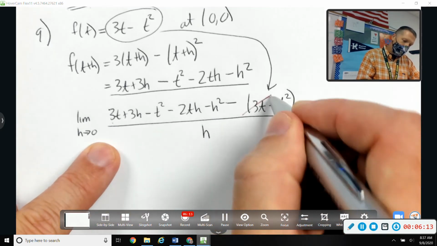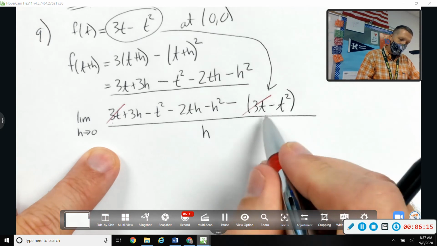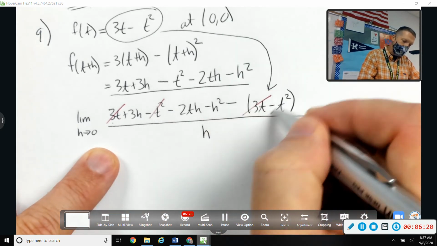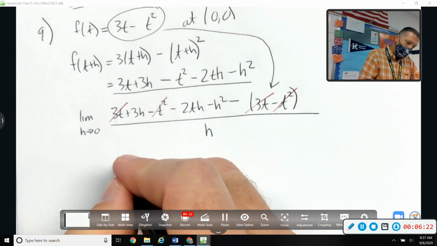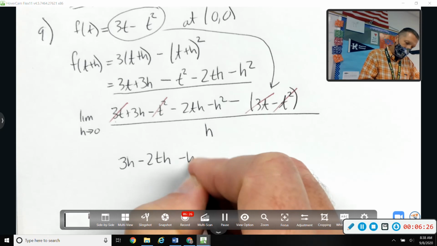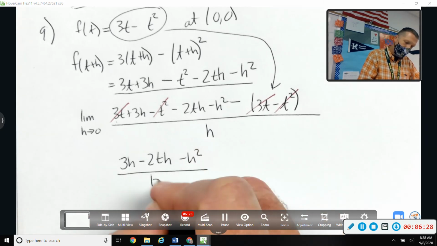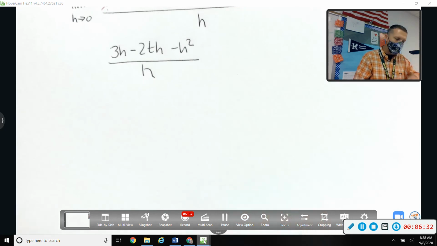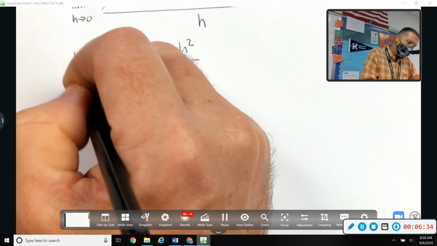3t minus 3t. That's a plus t squared, and there's a minus t squared. So that leaves me with 3h minus 2th minus h squared all over h. Limit as h approaches 0.